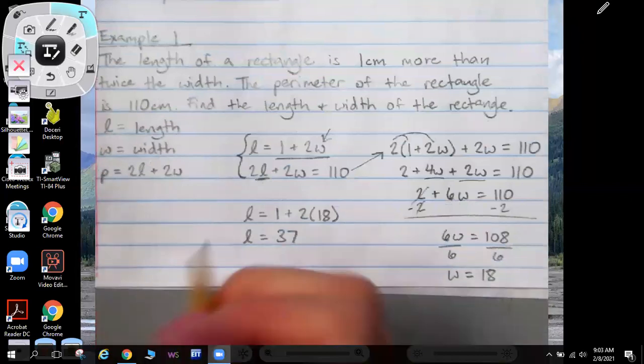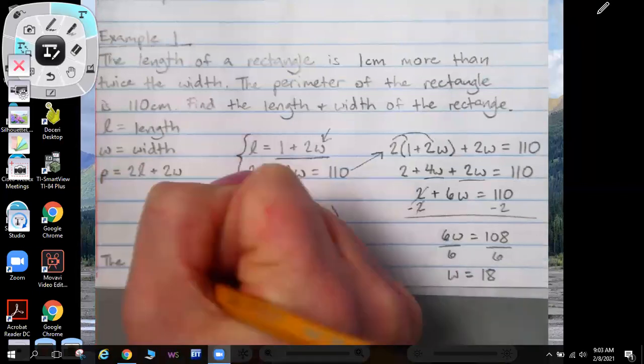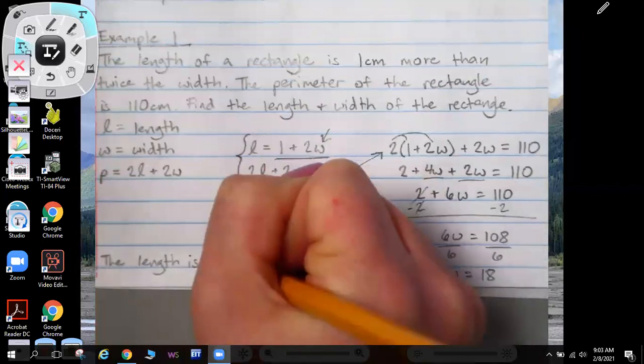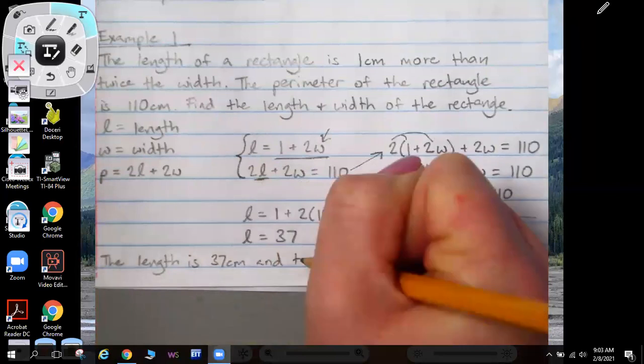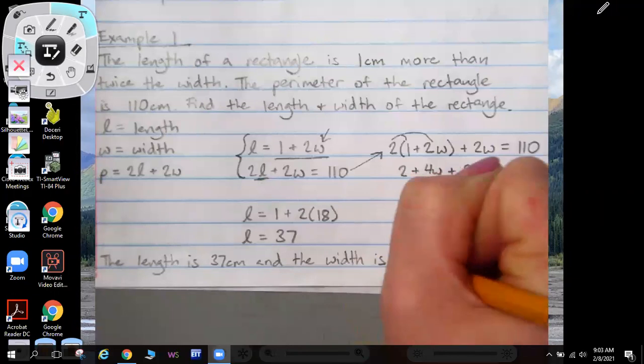All right, so those are our answers. The length is 37 centimeters. And the width is 18 centimeters.